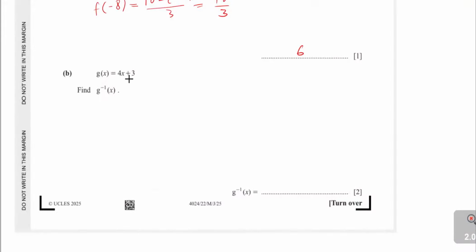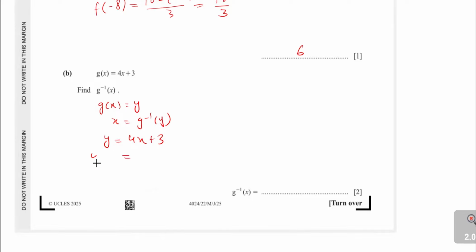Part B, g of x equal to 4x plus 3, and find g inverse of x. We can write g of x equal to y, and x will be equal to g inverse of y. To calculate the inverse, we can write this equation y equal to 4x plus 3, and to calculate the g inverse of x, we make x the subject.